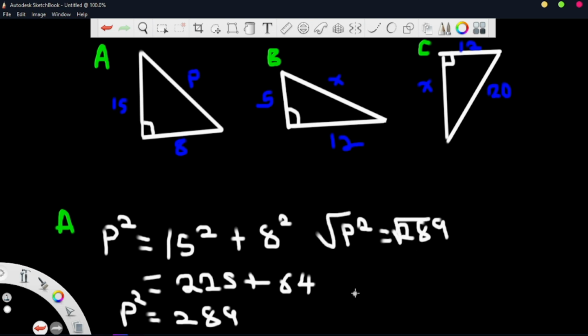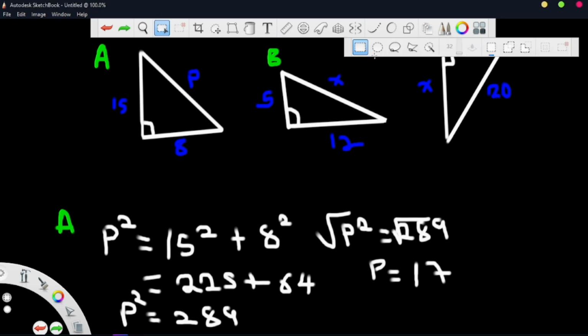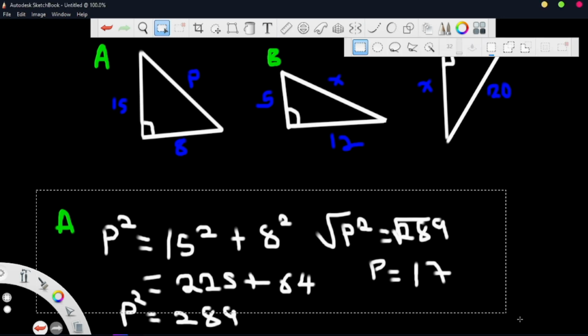What you do on the left hand side, you also do on the right hand side. So the square root of 289 is 17, so 17 is my value of P. If the question was in centimeters, that would be 17 centimeters. Don't forget the units, very important.